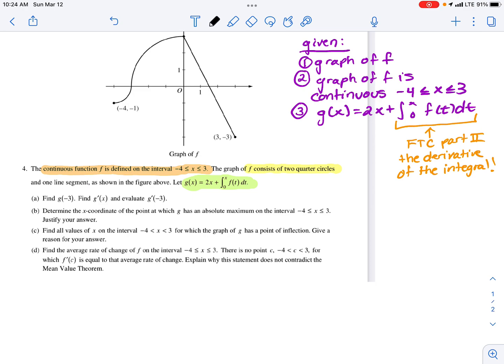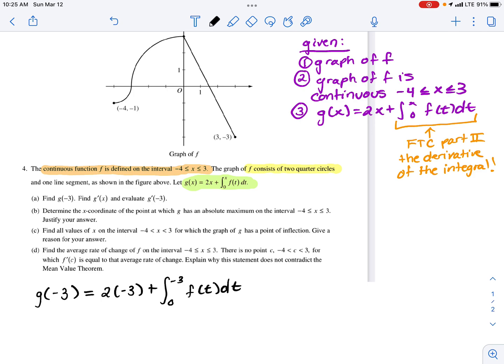So it says find g of -3. I know what g of x is, so wherever I see x, I'm going to plug in -3. So g of -3 is equal to 2 times -3 plus, and don't let this integral fool you, it's from 0 to x, so this is really from 0 to -3 of f of t dt.